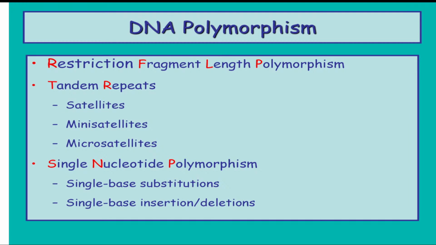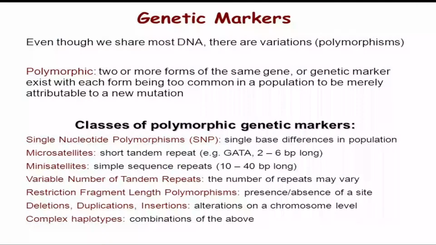There are many types of polymorphism: restriction fragment length polymorphism, tandem repeats, single nucleotide polymorphism. Single nucleotide polymorphism is single base differences in the population. Microsatellites, short tandem repeats, are 2 to 6 base pairs long.